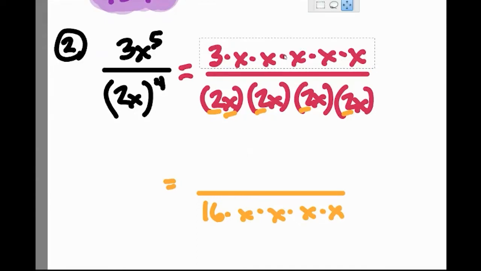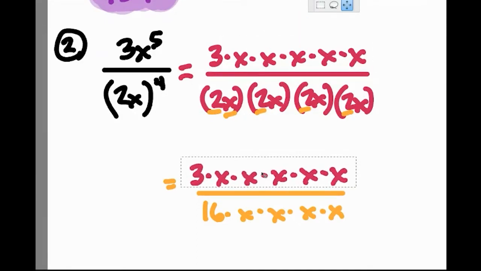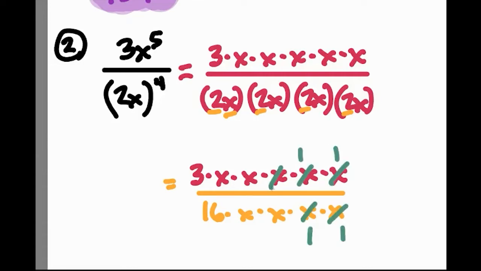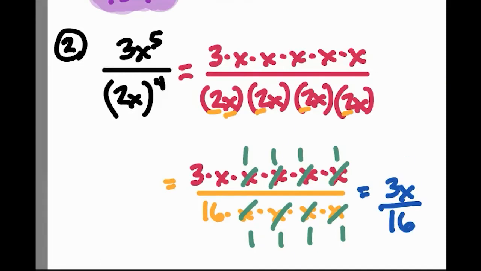I'm just going to copy and paste it because I'm lazy. And x over x, as long as x isn't 0, is going to cancel. So the x over x is 1 over 1, for each one. Then you're left with 3x on top over 16 for the final answer.